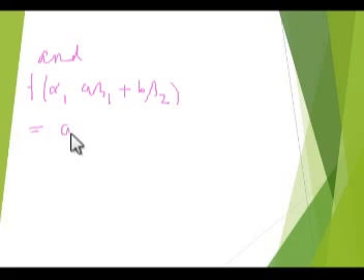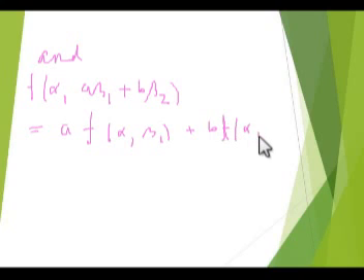F(alpha, a beta 1 plus b beta 2) must be equal to a F(alpha, beta 1) plus b F(alpha, beta 2).